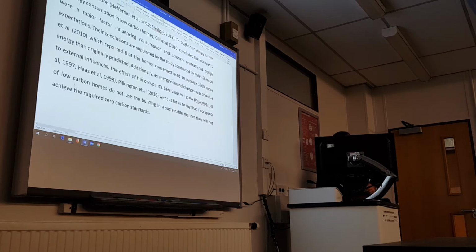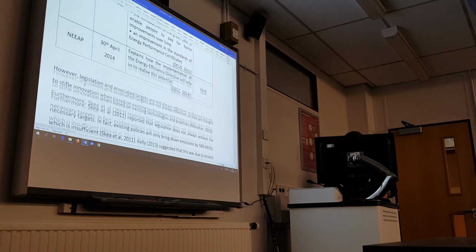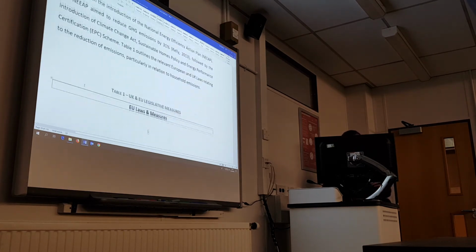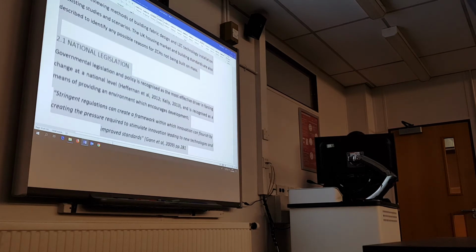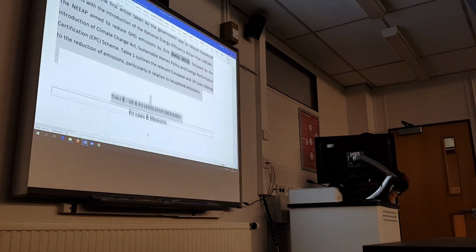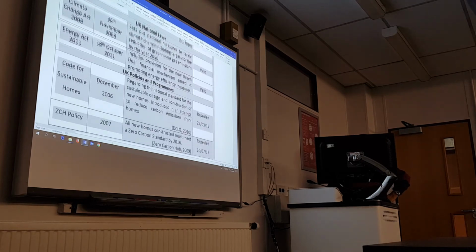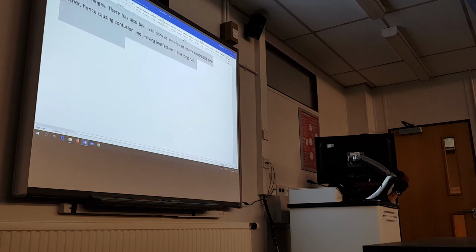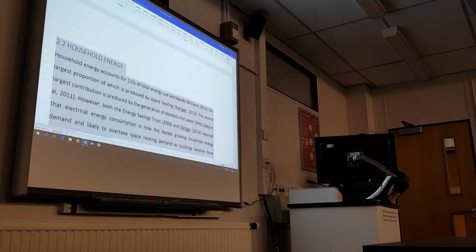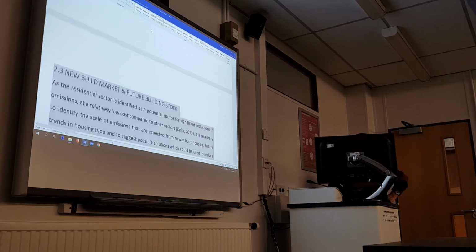A lot of work has been done in terms of the research. Let's actually have a look at the number of words in here. And that literature review. Again, to give you an idea of how much you need to put in this particular chapter, because it's actually the third of your dissertation.